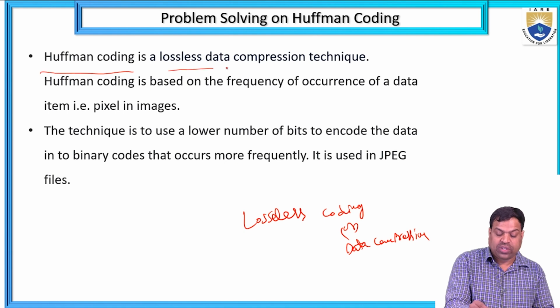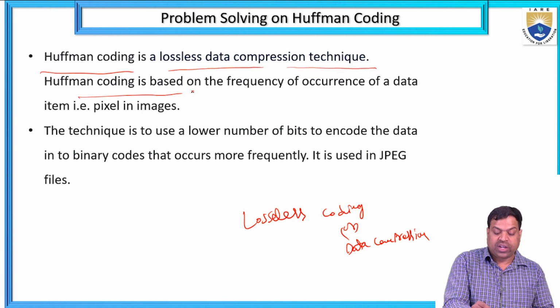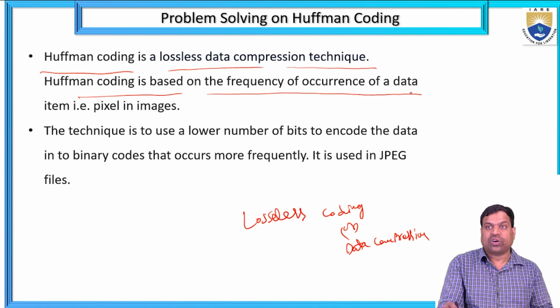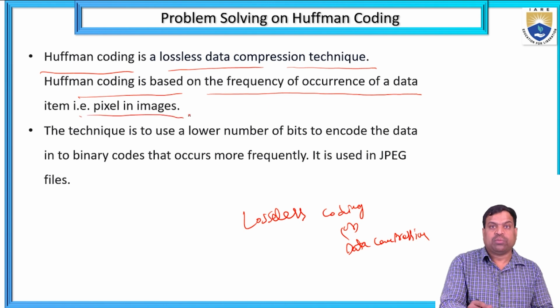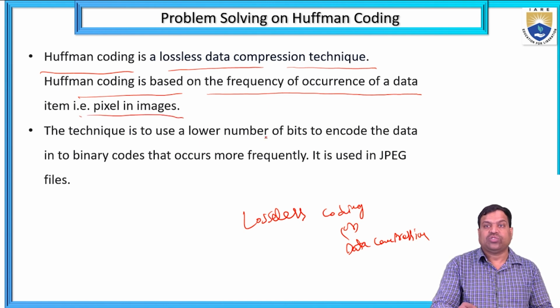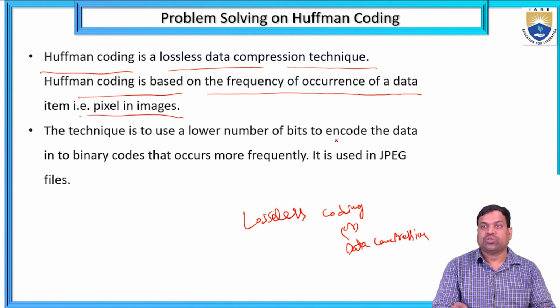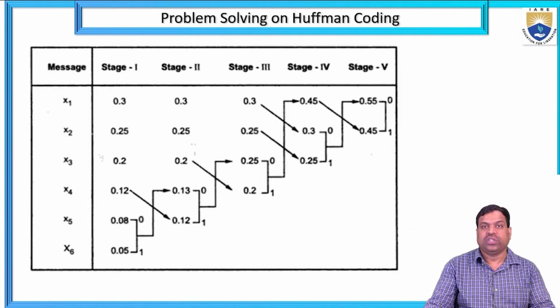So Huffman coding is a lossless data compression technique, based on the frequency of occurrence of a data item in the pixel images.